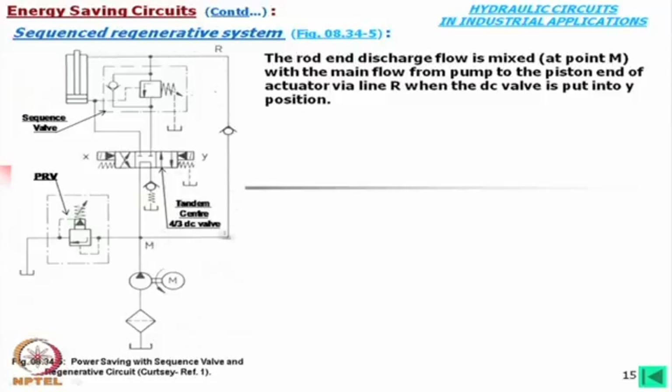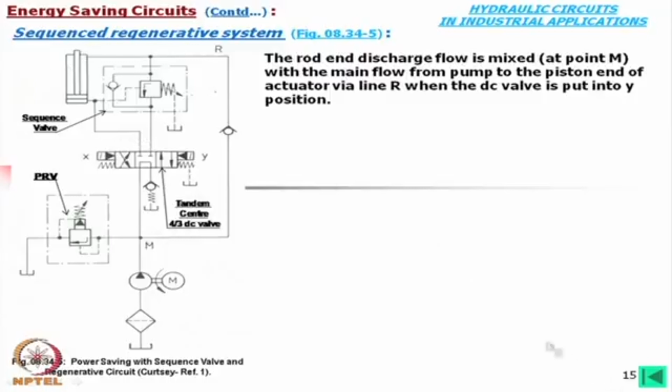This side flow is mixed here with the main flow from pump to the piston end actuator via line R, the data line, when the DC valve is put into Y position. If we put into these positions, then the flow is going through this, and from here the flow is coming over here and this is being mixed.